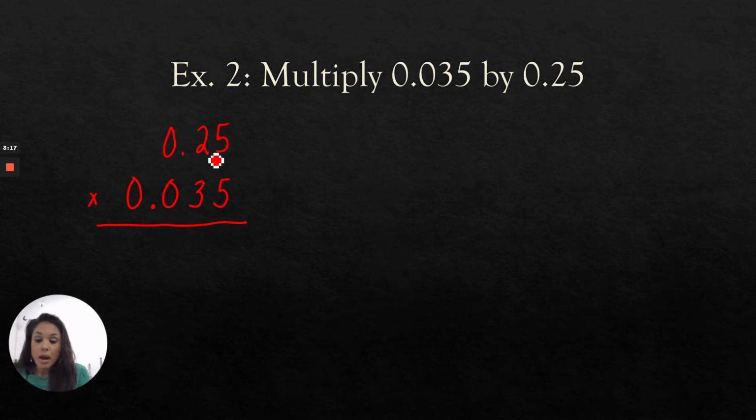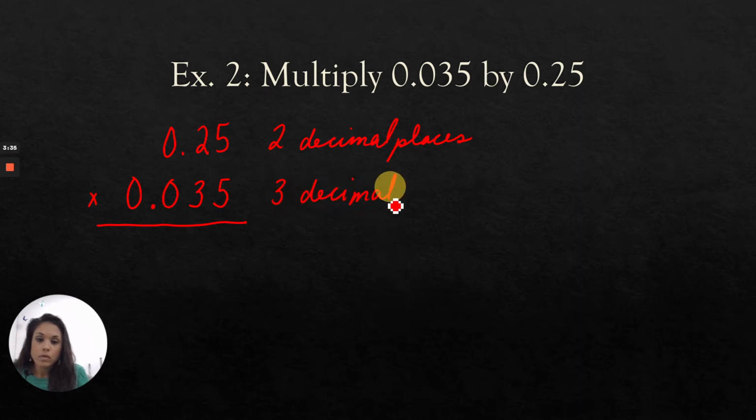First I'm going to count the decimal places in each of these numbers. I have 1, 2 decimal places. And then 1, 2, 3 decimal places here. And add this together, and this is 5.